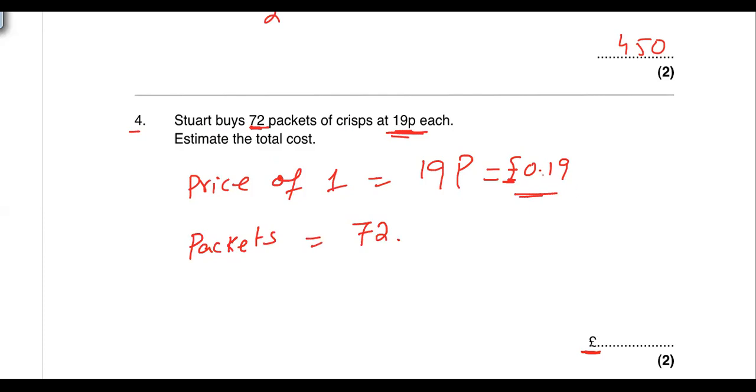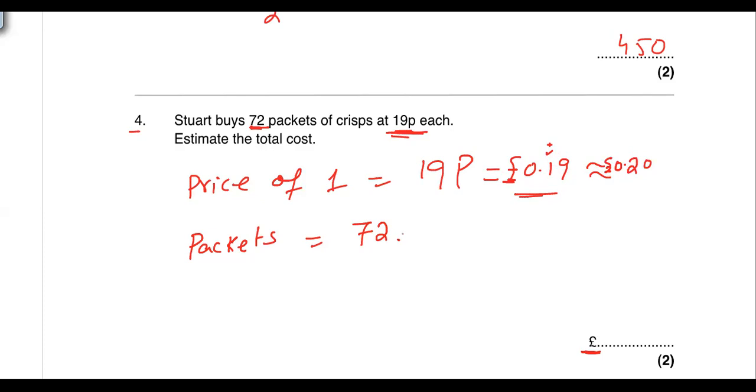Rounding 0.19 to one significant figure, because this is the first significant figure, I have to add one to it. So it will be 0.20 pound. This is for rounding to one significant figure.